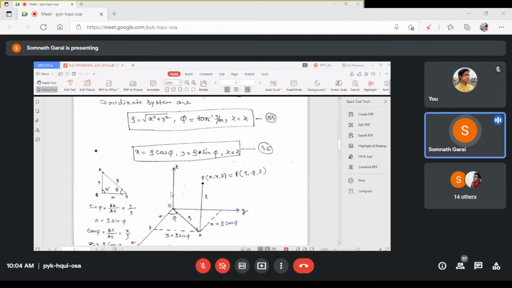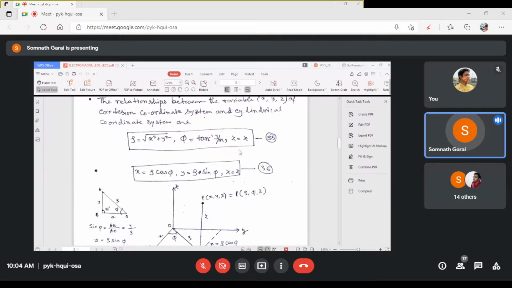And z is the same in Cartesian coordinate and cylindrical coordinate. That's why the relation of rho phi z with respect to x, y, z is: rho is equal to root under x square plus y square, phi is equal to tan inverse y by x, and z is equal to z. This equation number 35 represents the relation of the cylindrical coordinate system with the Cartesian coordinate system.